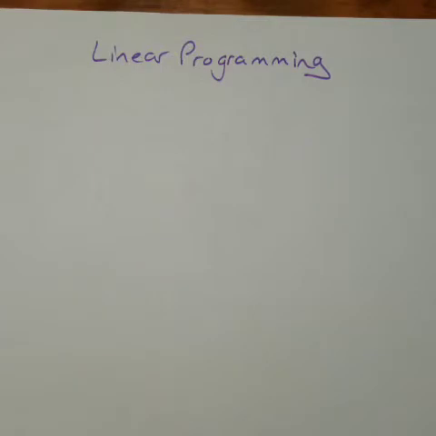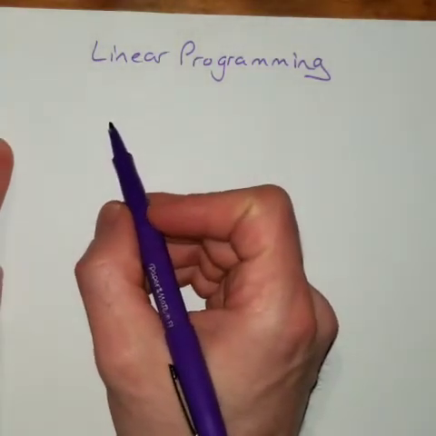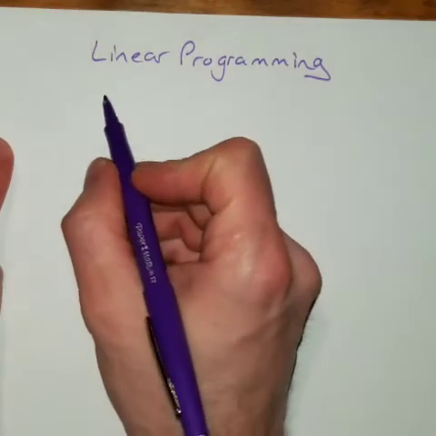And so there are going to be two things that you really need to keep in mind as we go through a linear programming problem. Basically, the system of inequalities, the shaded region that we talked about last time, is going to be what we call the constraints.